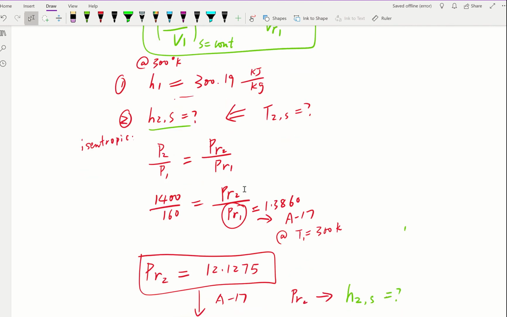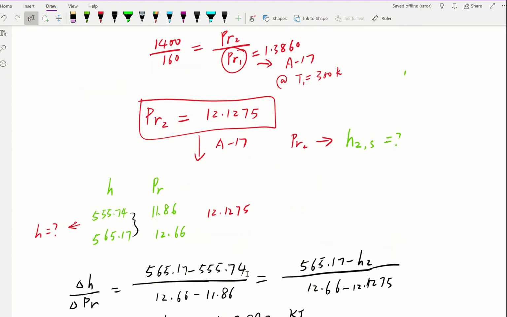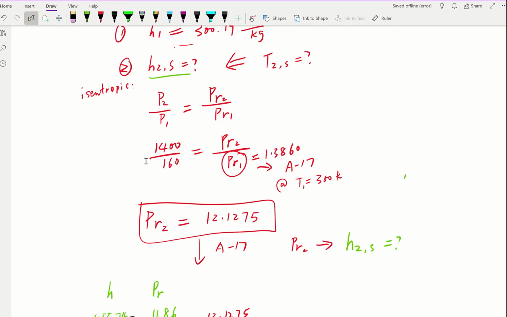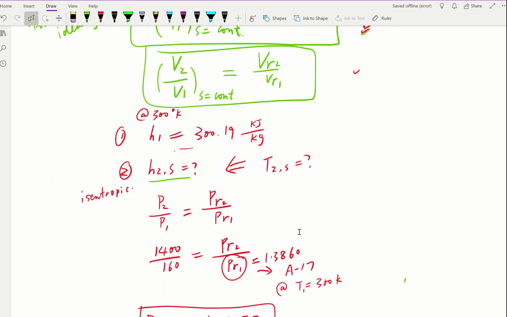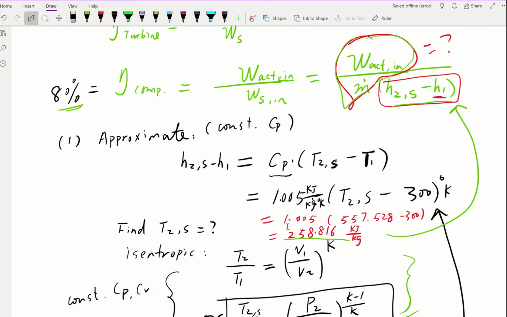Then we solve this PR2 using this exact analysis for isentropic process. So knowing that PR2, we can go back to look at the same table to find our H value. And that H value is going to be our H value for the isentropic process, because you are using this formula here, assuming it's an isentropic process. So that's your H2S. So knowing that, we can go back to our way beginning to look at this equation here. You know H2S now.